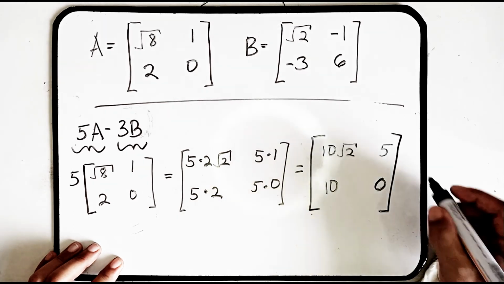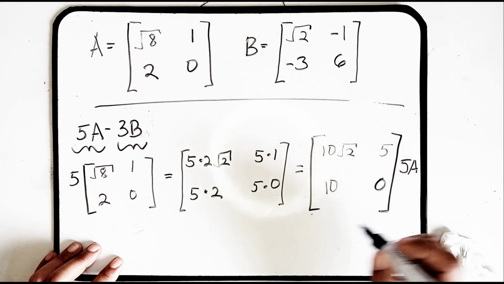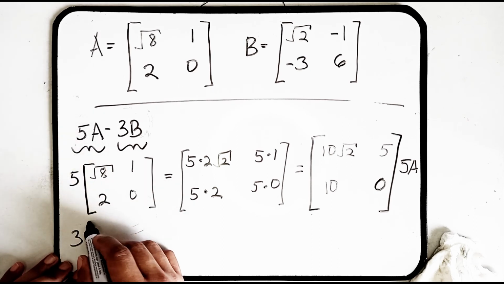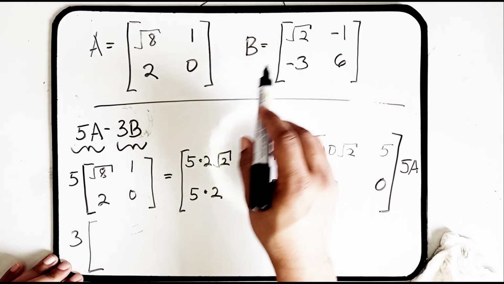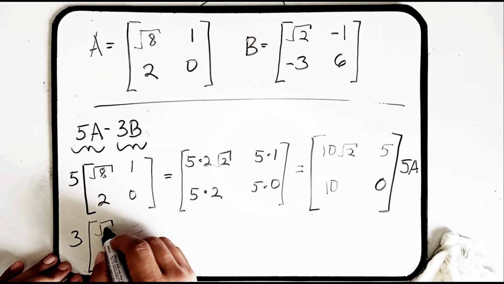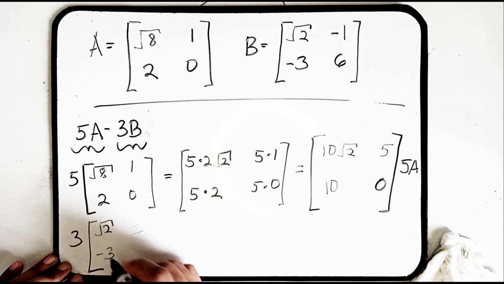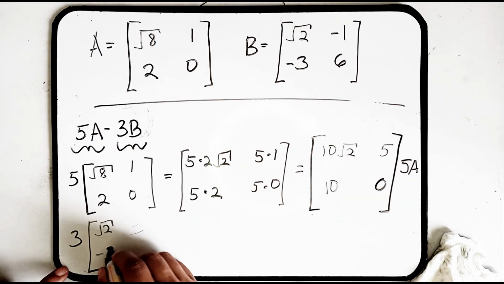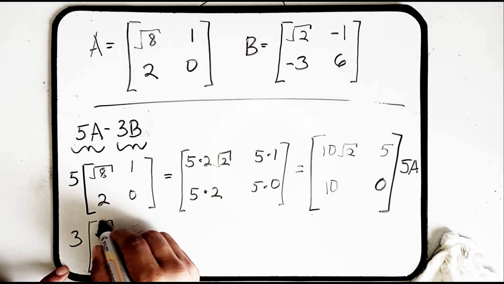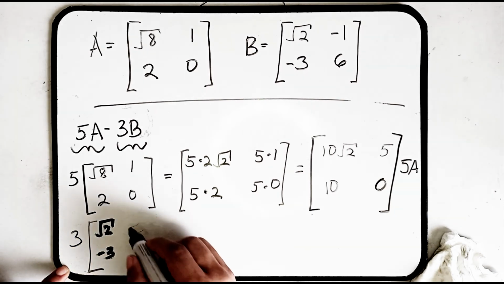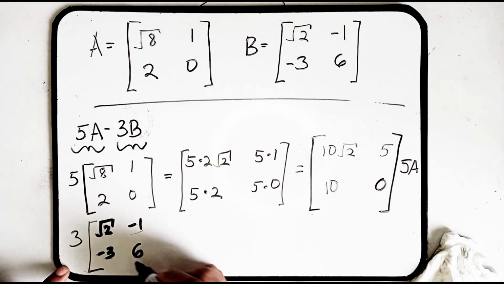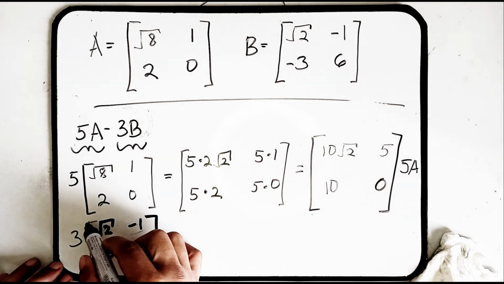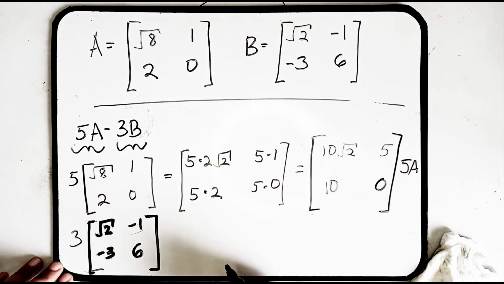Let's write here 5a. So for 3b, we'll do here 3 times, what is the value of our b, or the elements of our b? Square root of 2, negative 3, negative 3, square root of 2, negative 1, 6. And then we will multiply each.